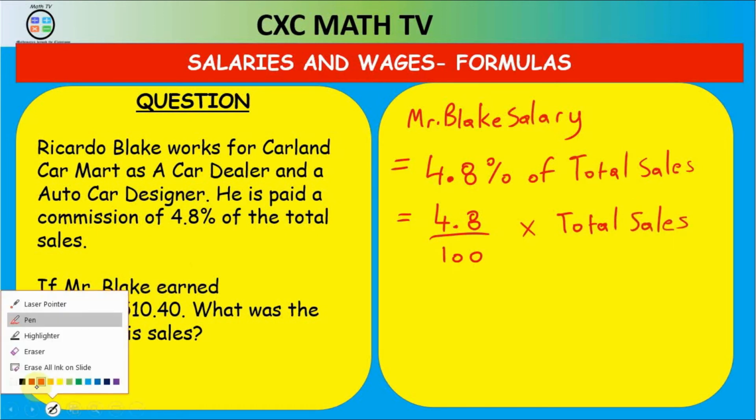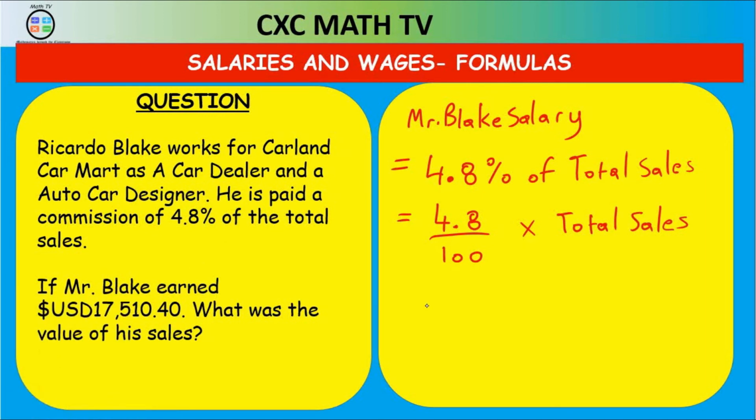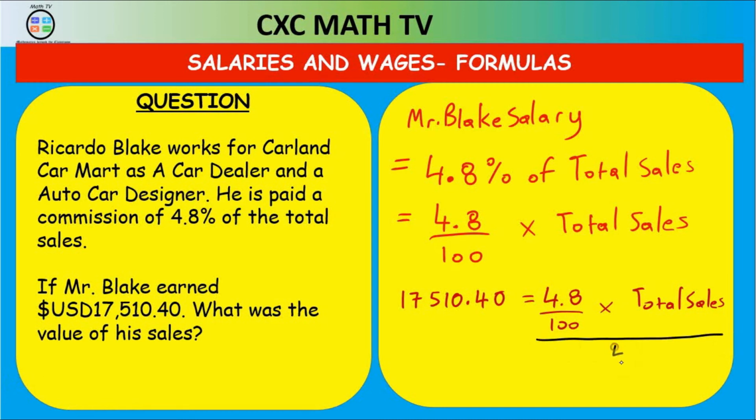Now, what was his commission? His commission given was 17,510.40. So that's equal to 4.8 over 100 times his total sales. So I want to find the value of the total sales. So we're going to transpose the formula for this. Transposing for the total sales, all we're going to do is divide both sides by 4.8 over 100.